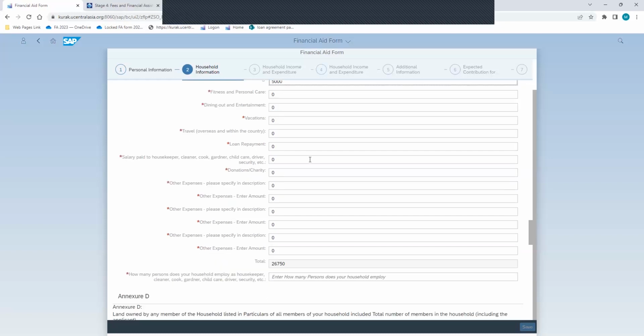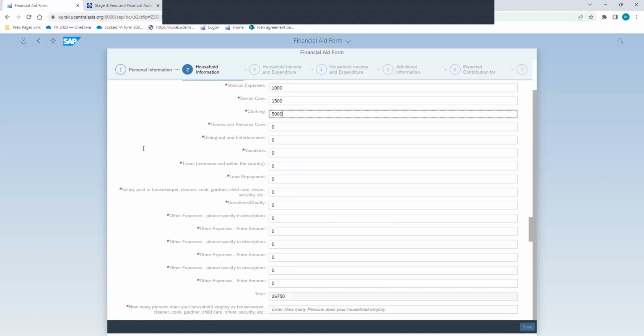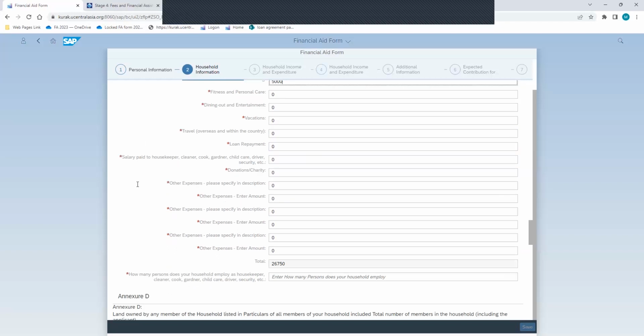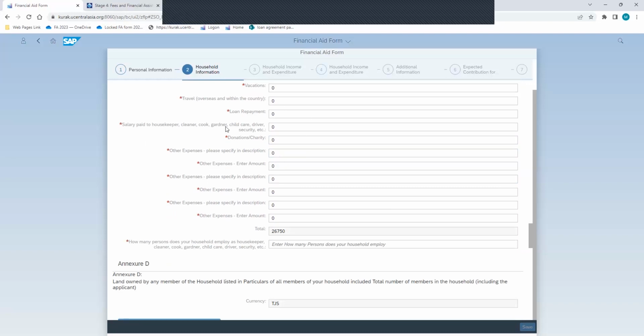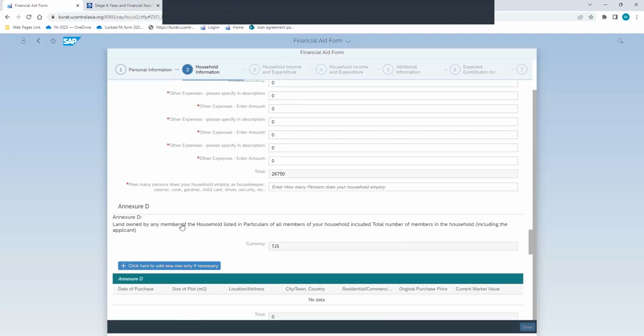Loan repayment, I'm not having a loan, but if you do have, you have to write down how much money you had to repay annually for the loan. Salary paid to housekeeper, cleaner, cook. As I already mentioned above, I'm not employing anyone else, so it's 0 for me. And I'm going down, that's enough for me.